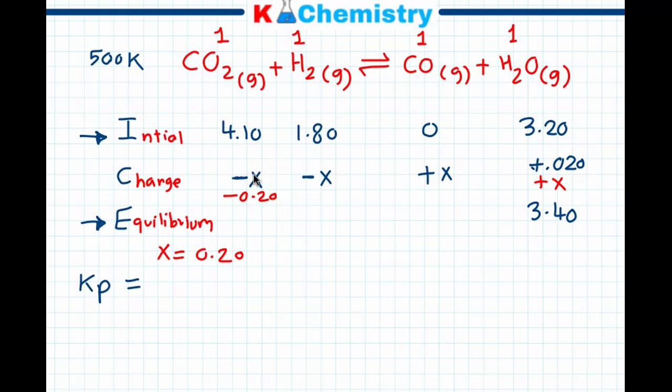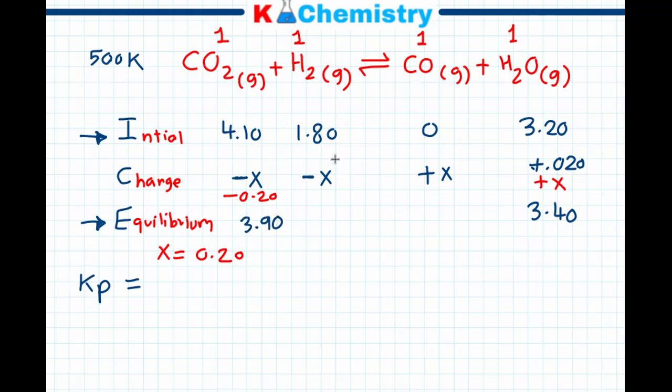Because this is x, and we said x is equal to 0.20 from here. And since this is x and this is x, instead of plus x, we write here minus x, so it is minus 0.20. So 4.10 minus 0.20, and the pressure at the equilibrium is equal to 3.90.